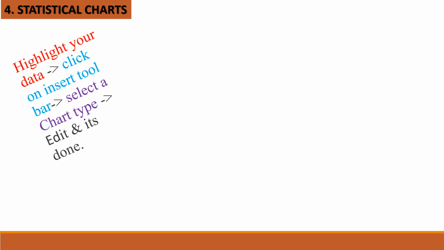Now, to convert Excel data into a chart is very simple. The first step is to highlight the data, then click on the Insert tool in the toolbar, then select the chart type you want, then edit if you need to edit anything, and then you click and it's done.